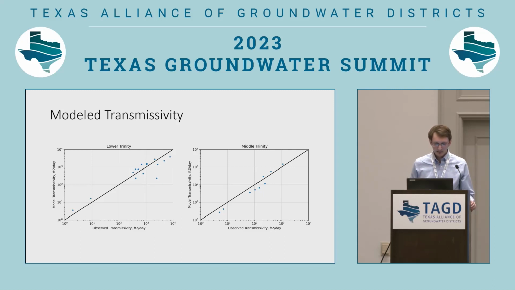We used a log-log scale here just because we did see a wide range of values, less than 100 to values all the way up to 100,000. So we use a log-log scale, but in general, we saw a pretty good fit between this modeled and simulated. And this just indicates that looking at all those pumping test data, looking at the transmissivities we got from those, the model is pretty close to what we saw in those actual data.